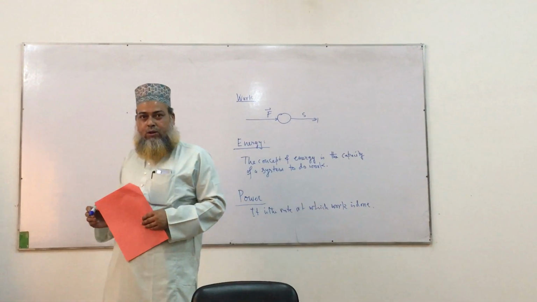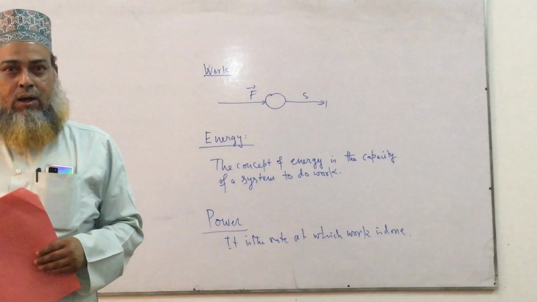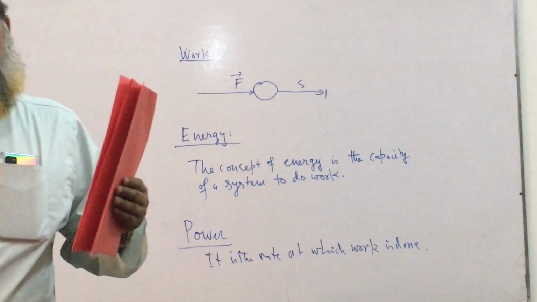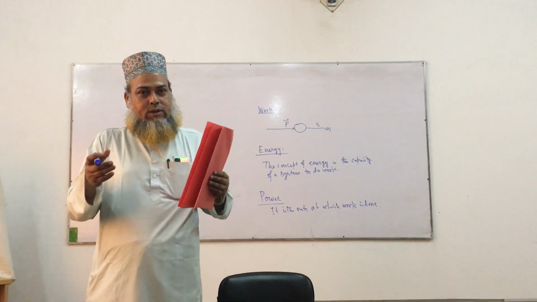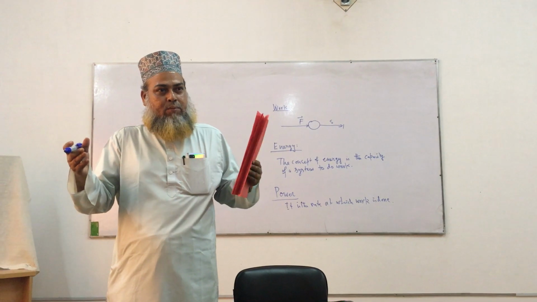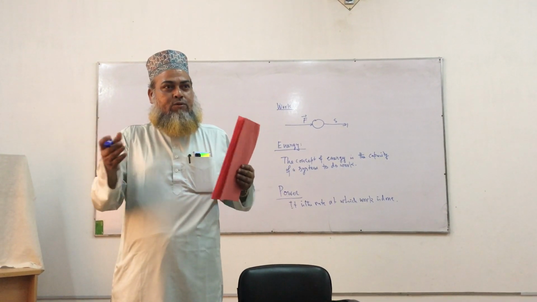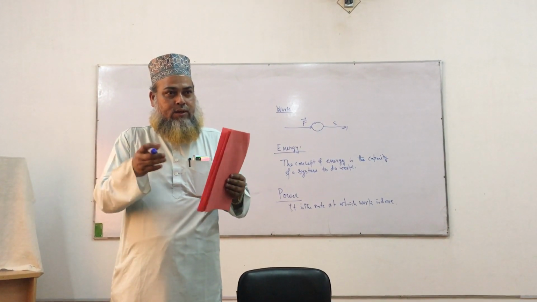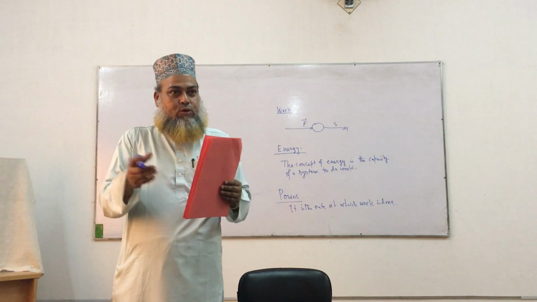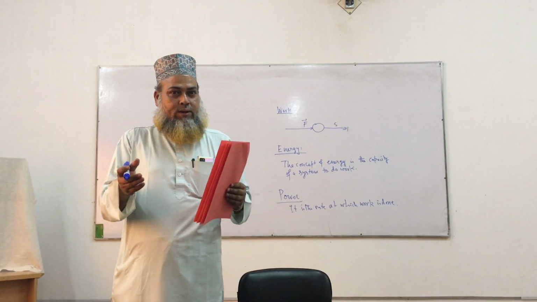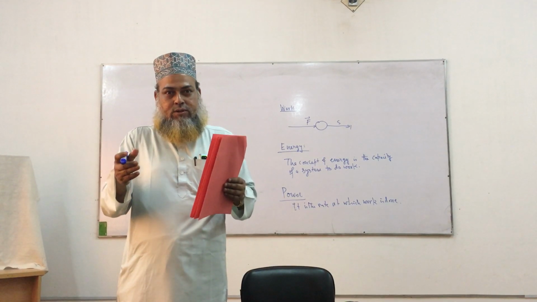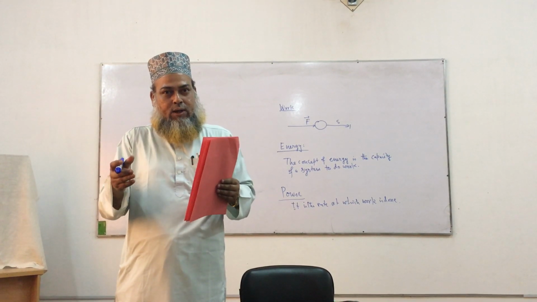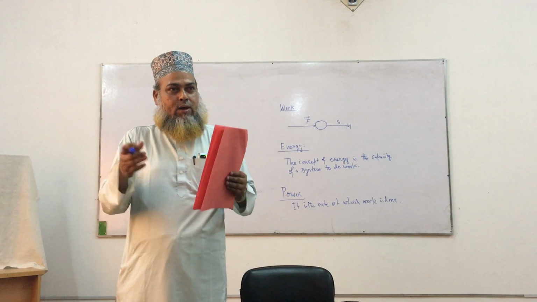So the third concept, power, means a body can do much work in a short time, while another body can do the same work in a longer time. So power will be different. In these two cases, the rate will be different. When the rate of work of two bodies doing the same work is the same, the powers are the same.